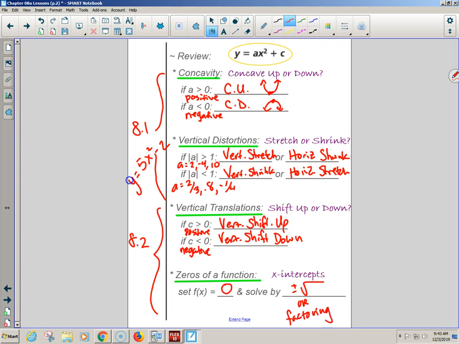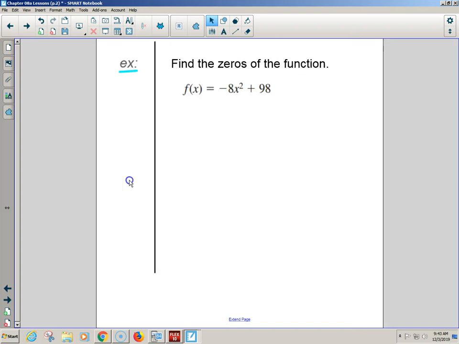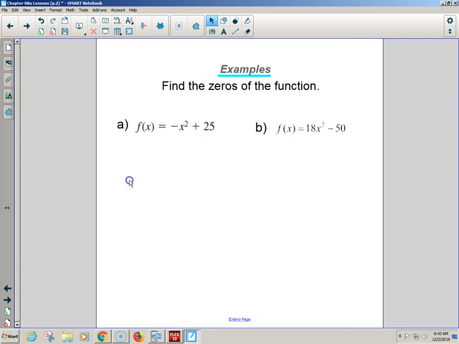So from last night's homework, getting ready for tonight's homework, maybe the best thing that we can do is talk about that zeros idea. That's where most of you tended to get stuck.